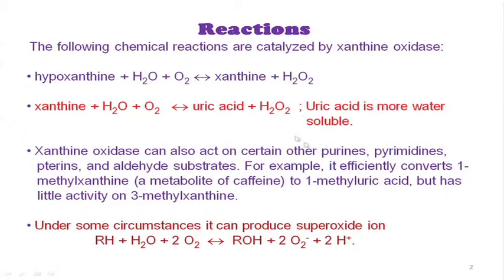So, when it reacts with molecules like hypoxanthine and xanthine, this sort of reaction involving molybdenum, water or dioxygen can also work on some other substrates. We can have a large number of substrates, like purine derivatives, pyrimidine derivatives, and pterine derivatives. These are all different heterocyclic organic molecules which are useful, as well as aldehyde substrates.